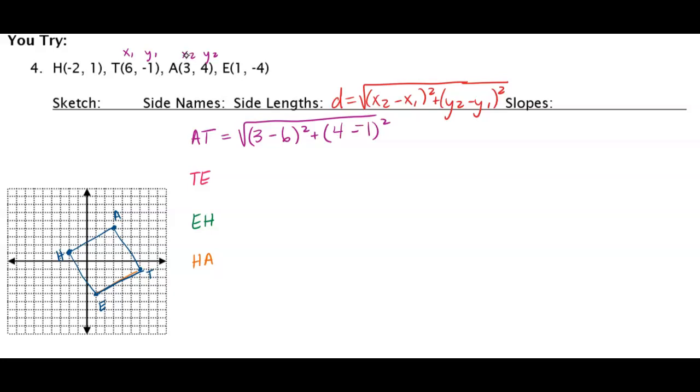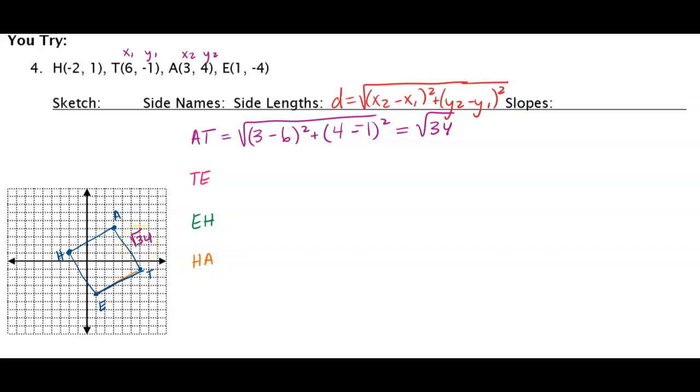Now at this point, I would say you would want to put everything that's under the radical in your calculator and figure out what that number is. So when I do that in my calculator, I come out with 34. So this turns into the square root of 34. 34 you could break down into 2 times 17, but there won't be any pairs, so we don't need to do any breaking down. So I'm going to label that on my picture, square root 34.